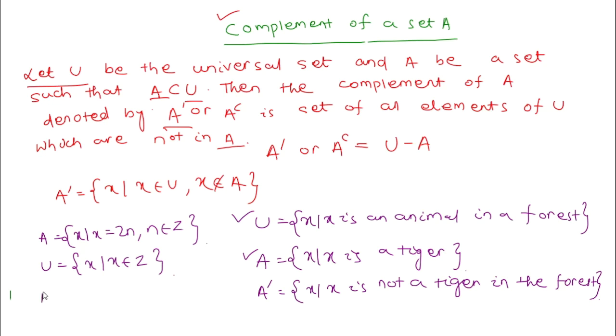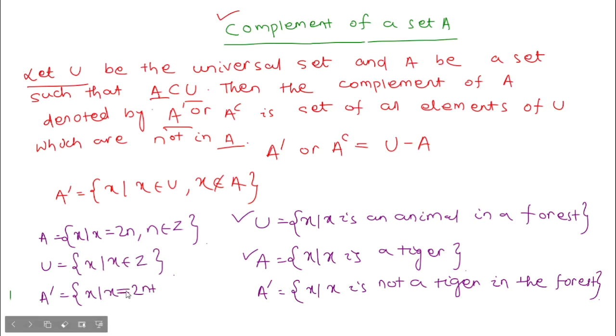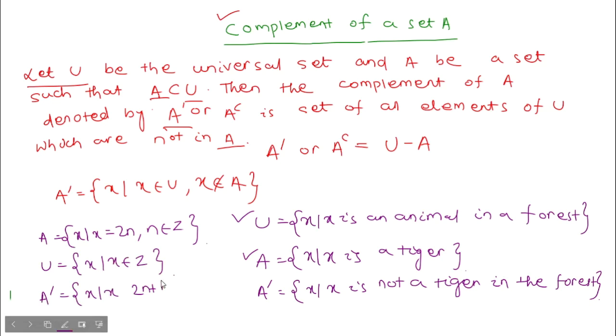In this case A complement will be the set of all odd numbers, because the union of the even integers and odd integers is the set of integers. Another property we can write here is A union A complement is equal to the universal set. So the union of any set and its complement is the universal set.